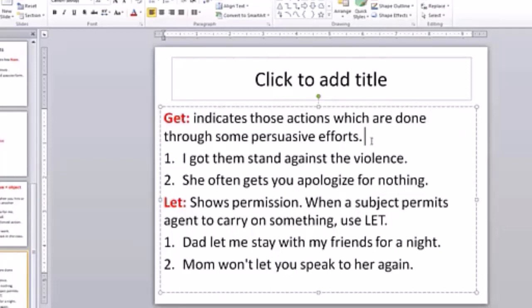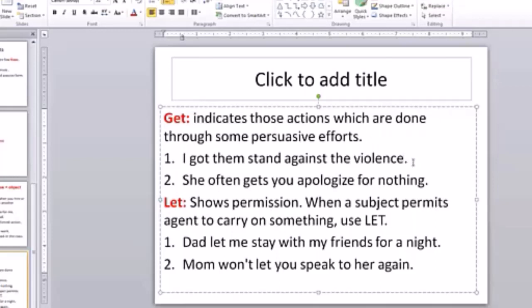It's different from have. In have, we pay you something or we exchange some services, but in get, the subject does not pay the agent. Rather, you are persuaded. You are given a lecture. If you do something, you will get these benefits. So it's persuasive efforts.